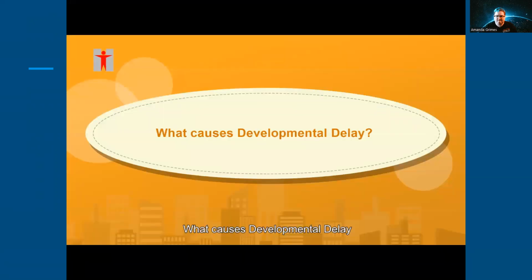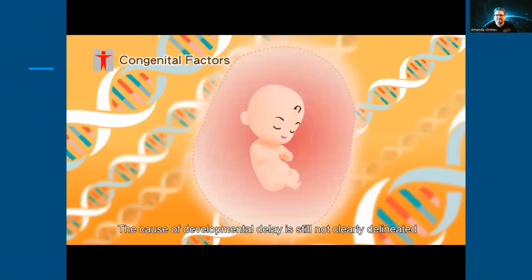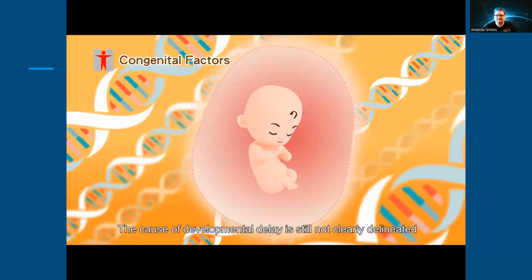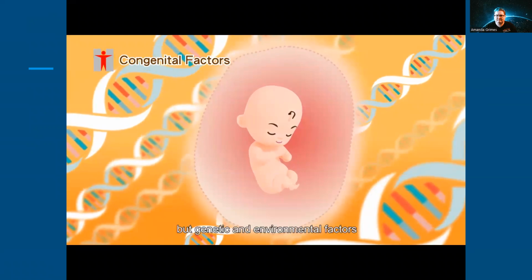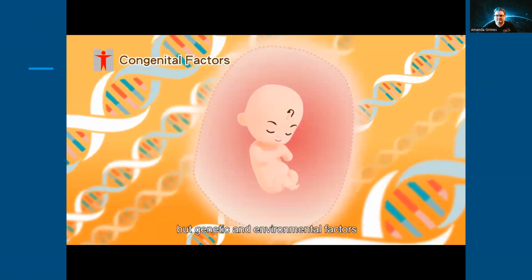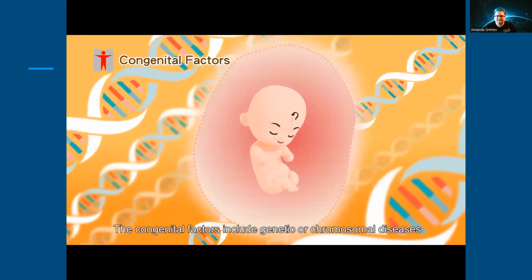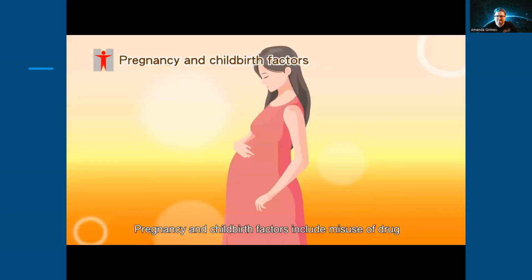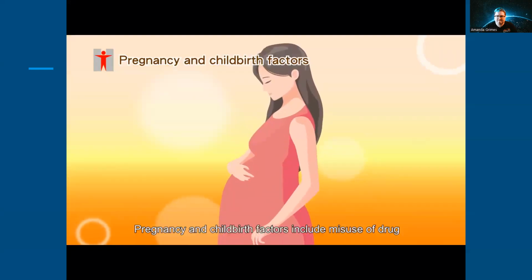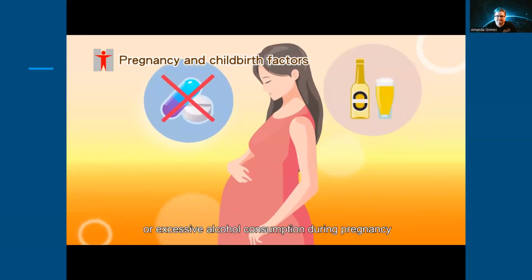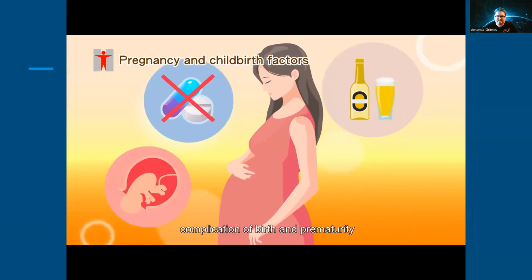What causes developmental delay? The cause of developmental delay is still not clearly delineated, but genetic and environmental factors are crucial among the known factors. The congenital factors include genetic or chromosomal diseases. Pregnancy and childbirth factors include misuse of drug or excessive alcohol consumption during pregnancy, complication of birth, and prematurity.